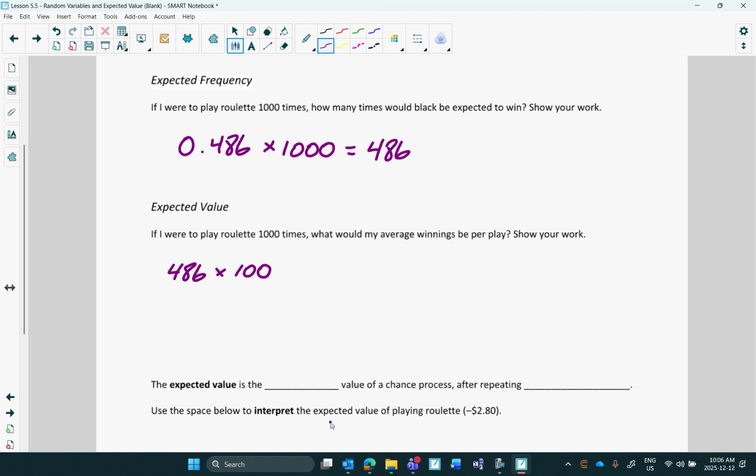However, there's another situation where you lose. So what's the probability that you lose? It's 0.514 times 1,000, so there are 514 times where you're not going to get black, and when that happens, you lose 100.